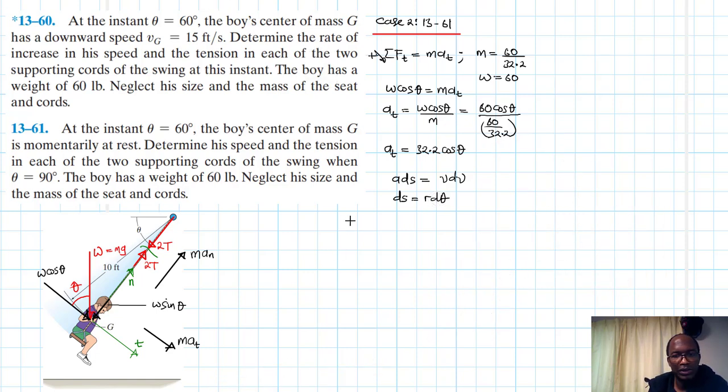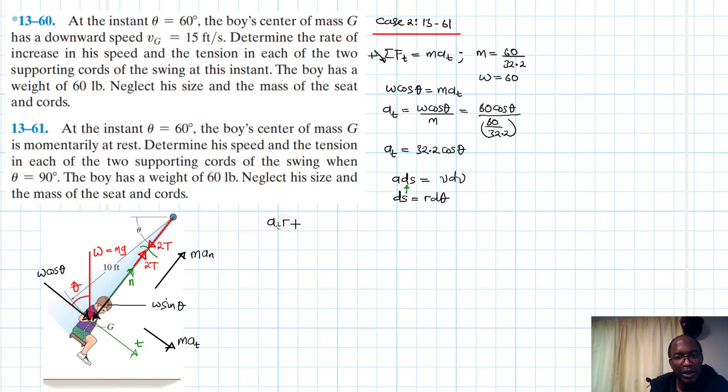This is from derivatives. So if we are to replace this here, therefore we're going to have r, and that a there is a_t that we are going to replace.